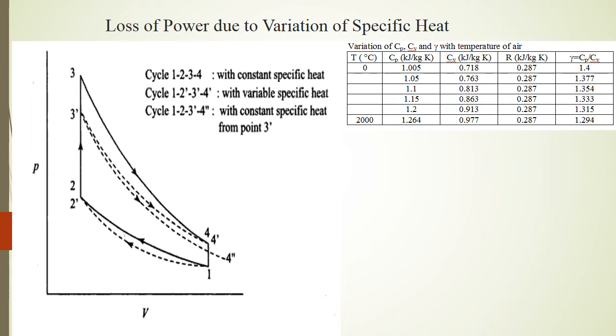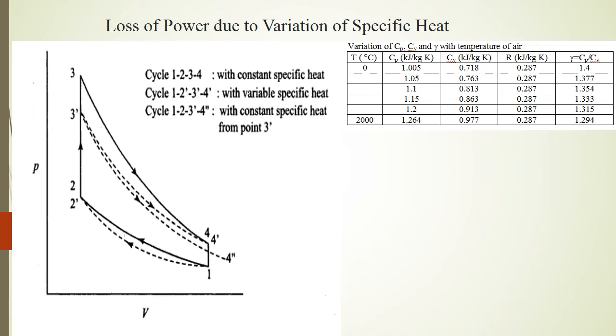Since the difference between Cp and Cv is constant, the value of gamma, that is the ratio of specific heats, decreases as the temperature increases. With variation in specific heat, the temperature at the end of compression will be 2 dash instead of 2. The magnitude of the drop in temperature is proportional to the drop in value of specific heats.